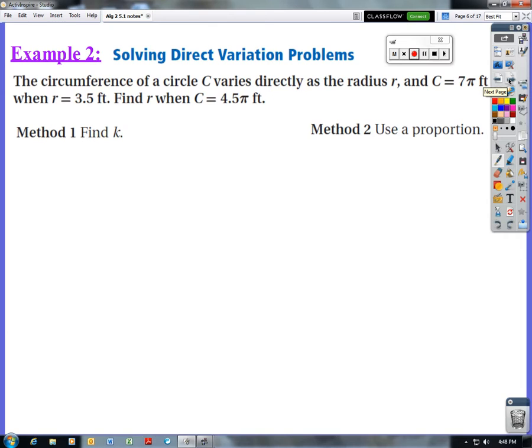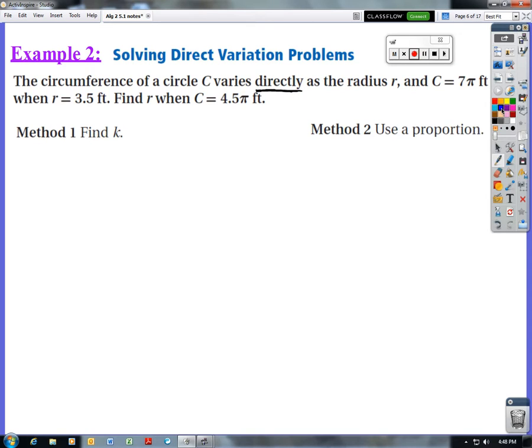Okay, this one is also direct variation, but it's not a graphing one because it has to do with a circle. So let's read this. The circumference of a circle C varies directly, that tips us off, as the radius r.